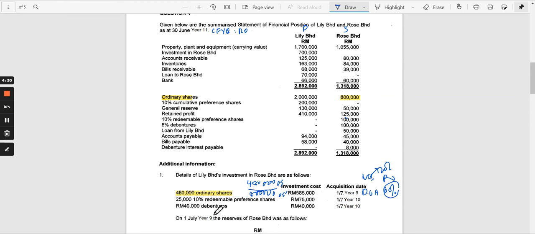So if you can see here, the date of acquisition was on 1st of July, year 9, and after 2 years, somewhere here, 30th of June, year 11, this is the date that you will consolidate, the consolidation date.